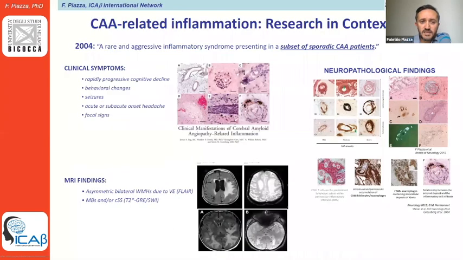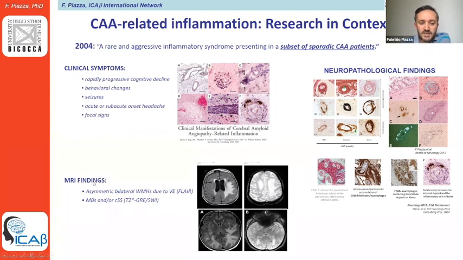And the disease was first described in 2004 and was reported in a very small case series of patients and was presented as a rare and aggressive inflammatory syndrome presenting only in a subset of sporadic CAA patients. And again, you can see here the similarity with ARIA, because the symptoms can span from rapidly progressive cognitive decline, behavioral change, seizure, all different symptoms related to cerebrovascular diseases.